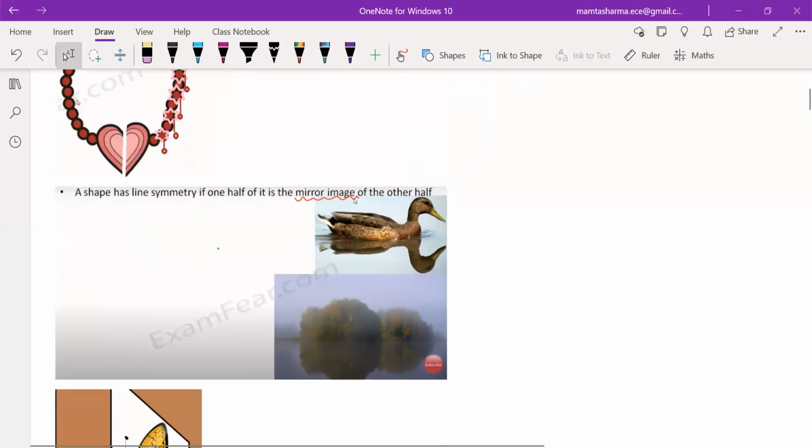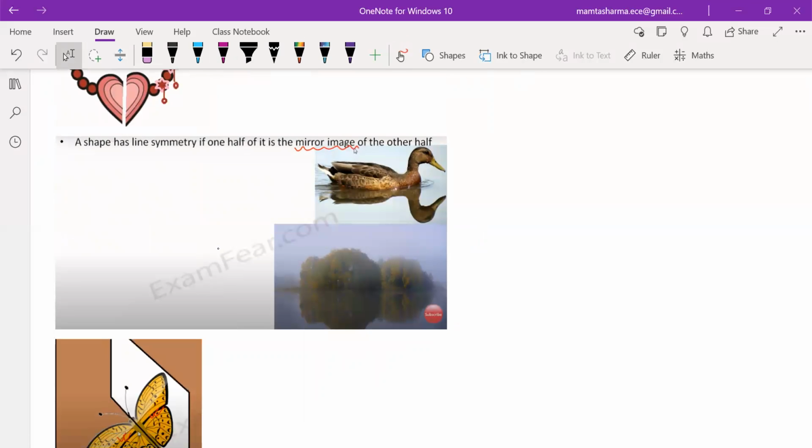Now you could see there is another definition of symmetry. See, this is a bird. You could see the reflection in the water. That is the mirror image of this bird, right?